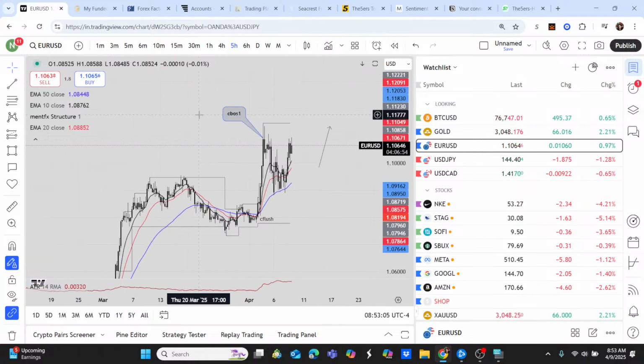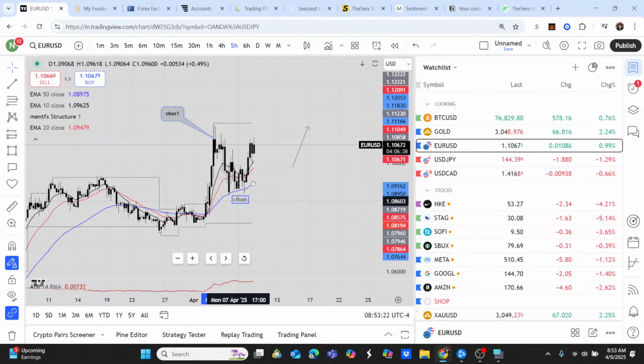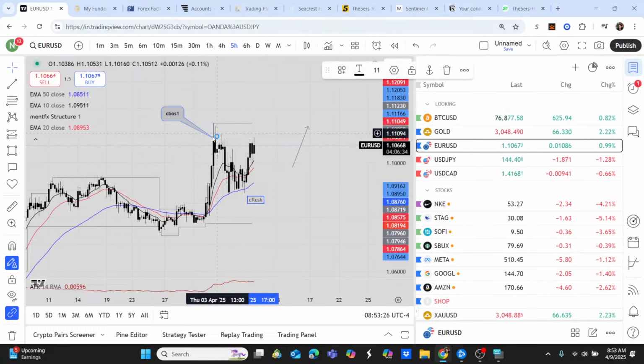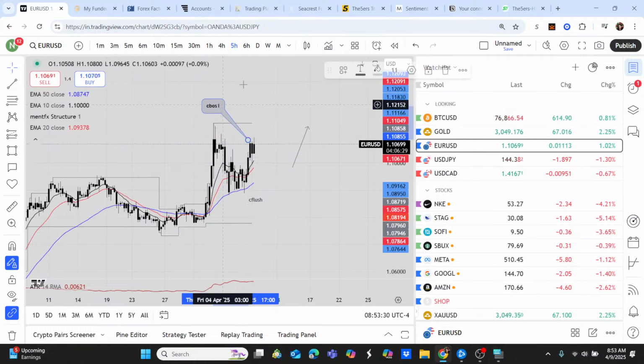Obviously I don't just trade MAs by themselves. I have the context breaker structure, where you basically came down like this. You can consider this the flush if you wanted to, and this right here is the potential context breaker structure one.